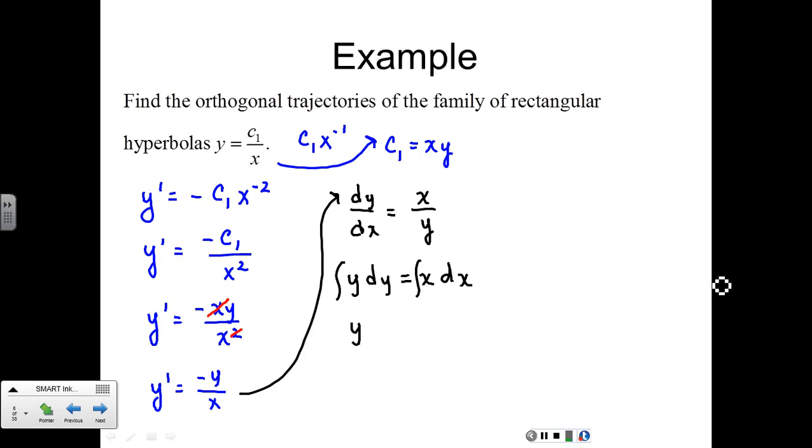So y squared over 2, good job, equal to x squared over 2 plus c. Okay, what could I do to make it look better? Clear the 2, so y squared equals x squared plus c.